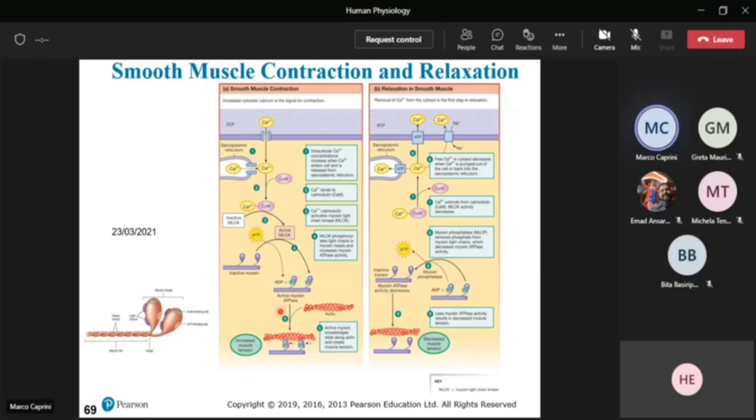This is the contraction. What about the relaxation?